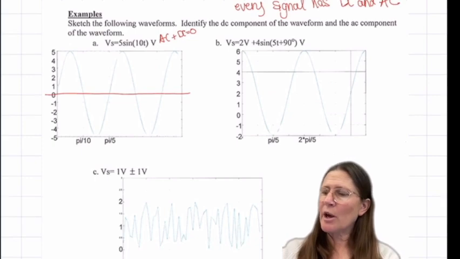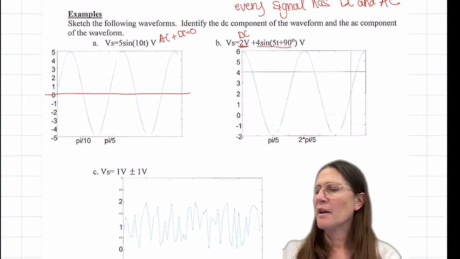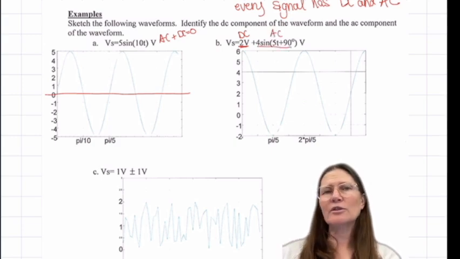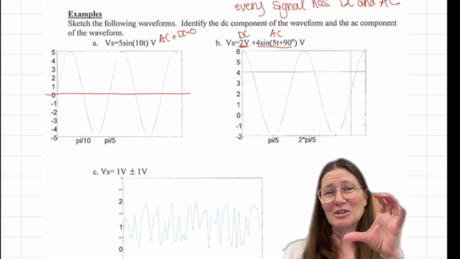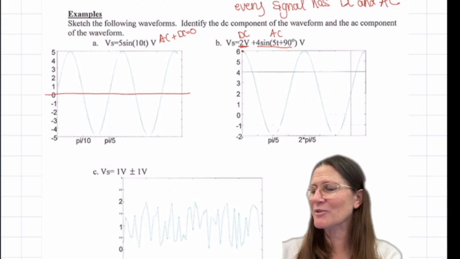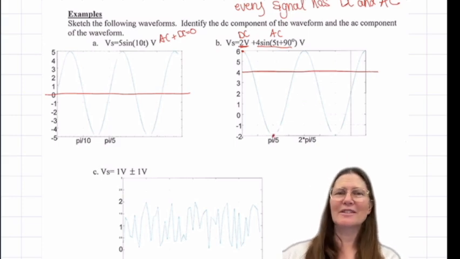So for this example, 2 volts would be considered your DC, and then the sinusoid would be your AC. So it looks kind of skewed here because this goes up to 6 volts here, and then down to minus 2 volts here.